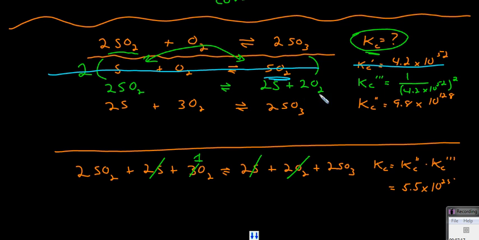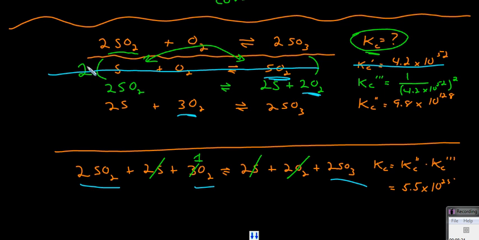Now, having two oxygen gases on the right and three oxygen gases on the left, these ultimately will cancel out in that two oxygens will be removed from the right, two will be removed from the left, leaving one O2 on the left. So we have two SO2s on the left like we need, we have one O2 on the left like we need, we have two SO3s on the right like we need.